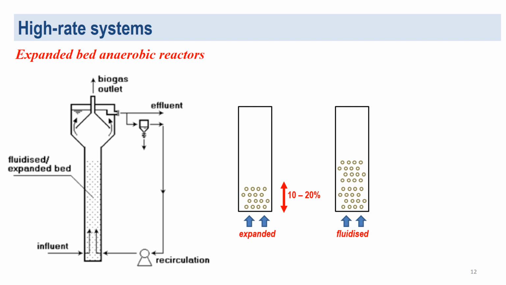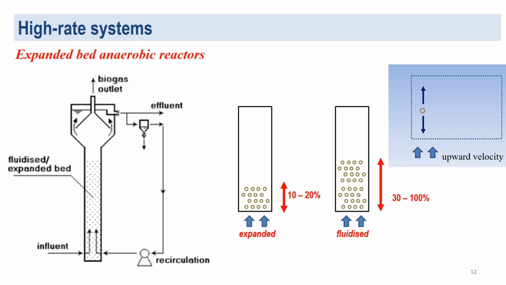The expansion of very thin particles guarantees a very large surface area for the growth of a uniform biofilm around each particle. The expansion degree usually varies between 30 and 100%. In this case, the upward velocity of the liquid should be sufficiently high to fluidize the bed until it reaches the point at which the upward drag force is equaled by the gravitational forces.